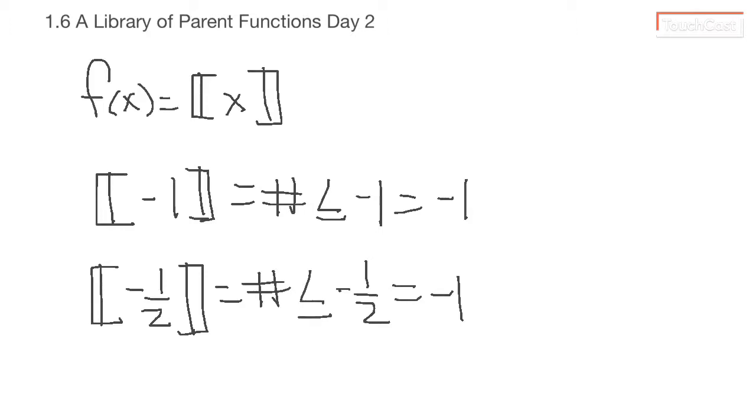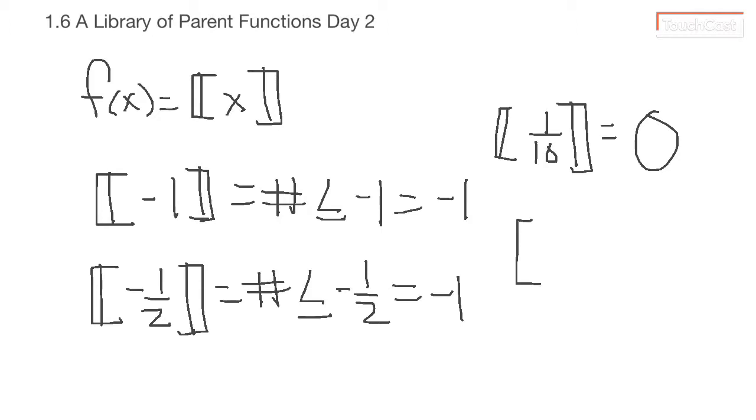Let's look at a couple other ones. What if we had the greatest integer of 1/10? Here we're asking what number is less than or equal to 1/10, the biggest integer, and in this case that's 0. This can also be used with decimal problems.